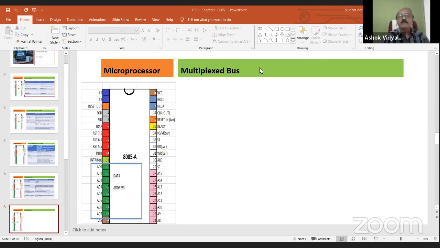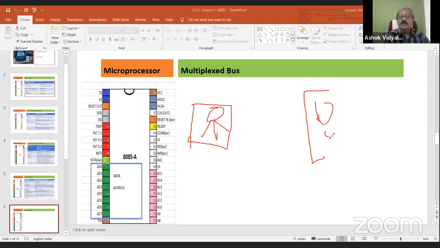Suppose you are studying here in your room. This is your house and this is a door. Now, if I want to enter your house while you are studying, I put a signal to you by ringing a bell.